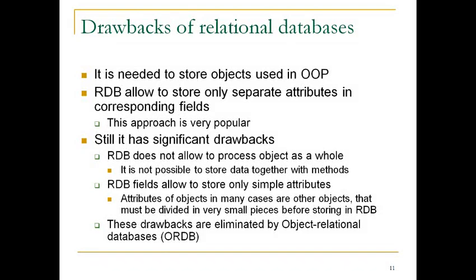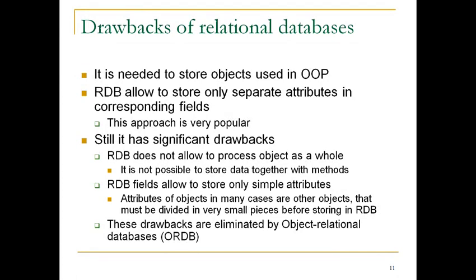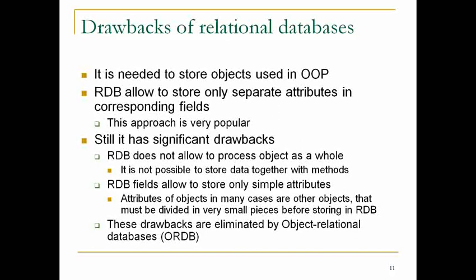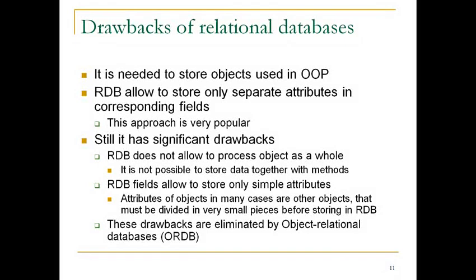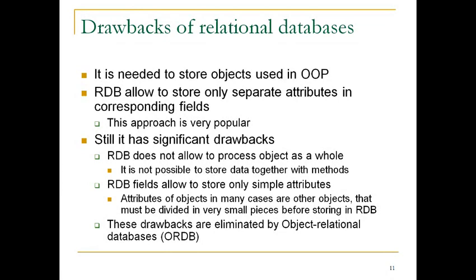This approach is used almost always if we use together objects and relational databases. It is very popular, but it's a very limited approach. First of all, we can't add methods to the data stored in the database. If we decompose an object into the attributes, we can't store methods together with objects.